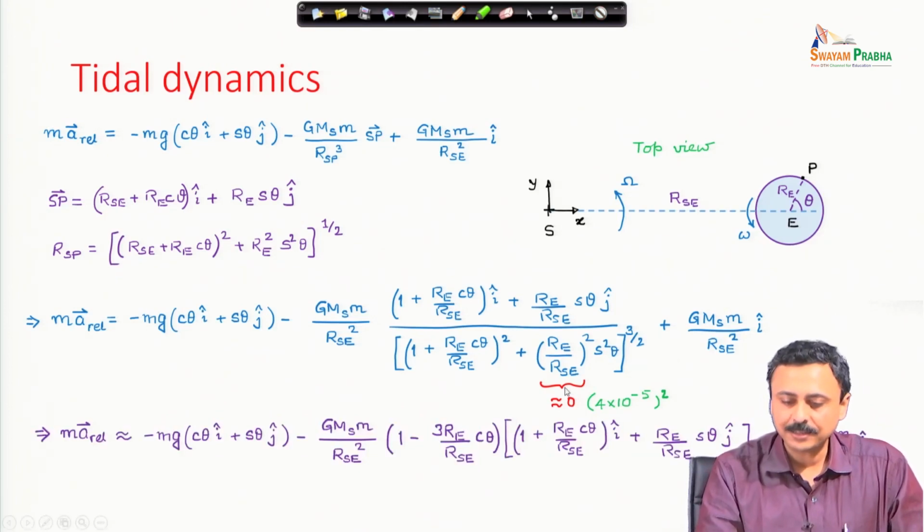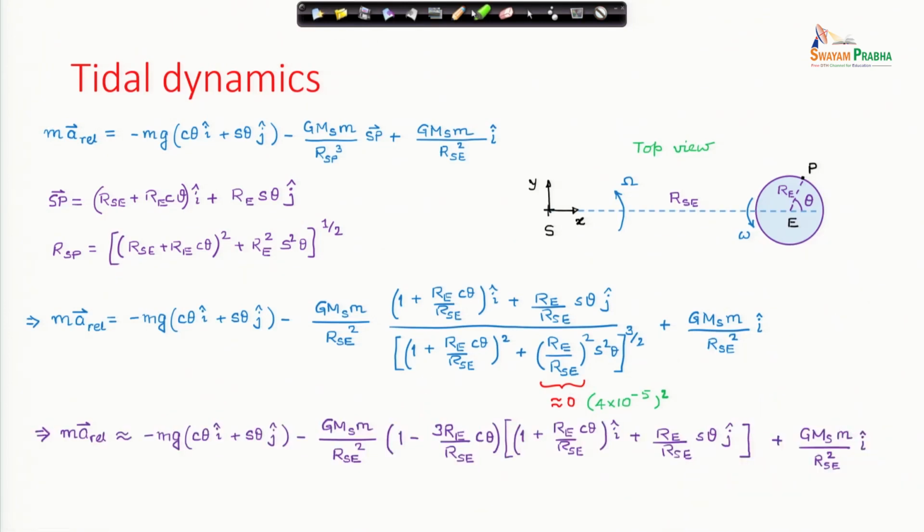Therefore, if I drop that, then what I am left with in this denominator is this term to the power 3 by 2. Therefore, I will have 1 plus Re by RSE cos theta to the power 3, because there is 3 by 2 and there is a square here.